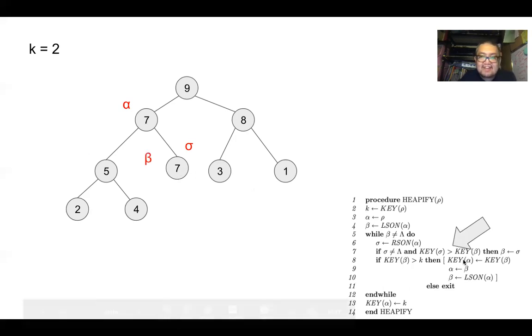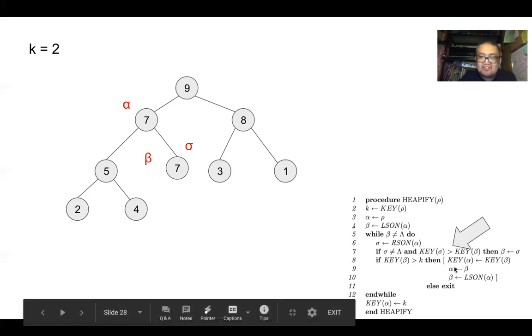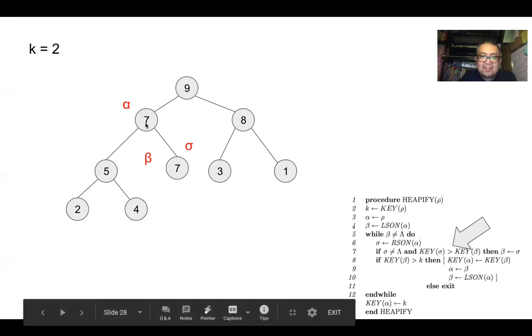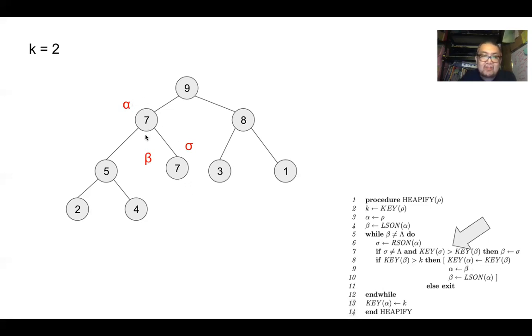And once beta moves here, and since the key of beta is greater than 2, the value at alpha will now be the value from the node where beta is pointing. Okay, so parang na-promote yung node na yon.